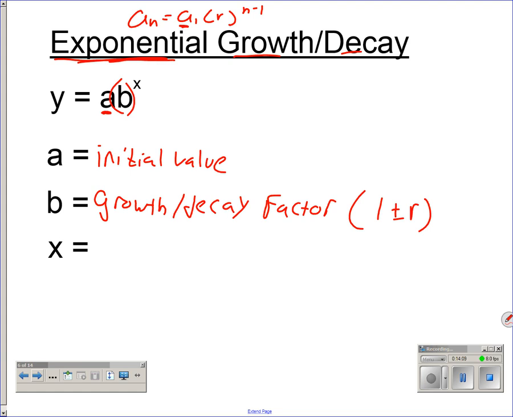If it's growth, we add our rate. If it's decay, we subtract it. And then x is just going to represent our amount of time. So just how much time's passed. So another way you might see this written is a times 1 plus or minus our rate to the x.